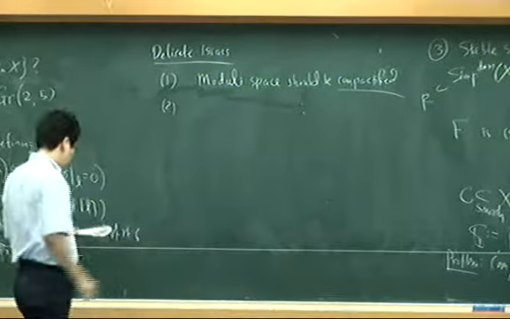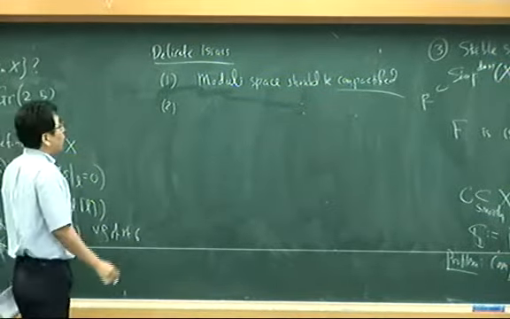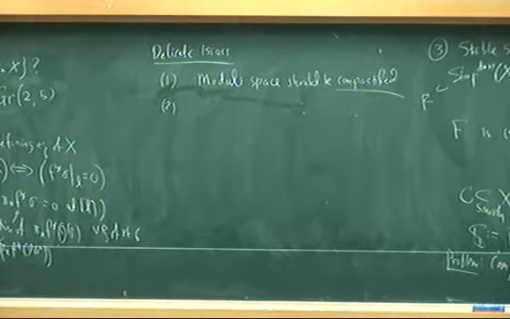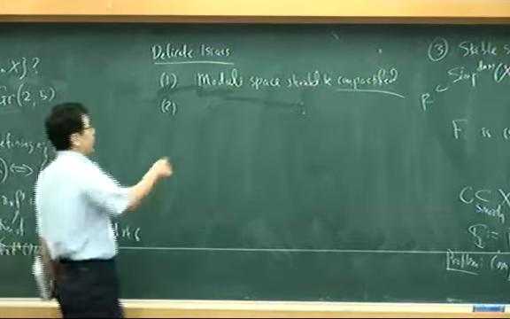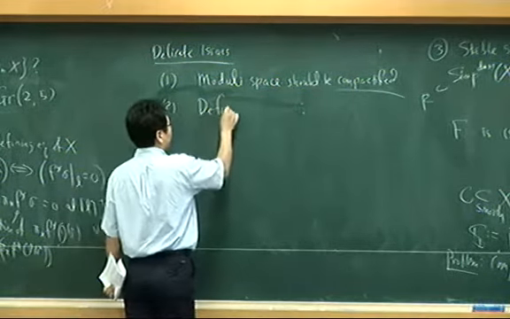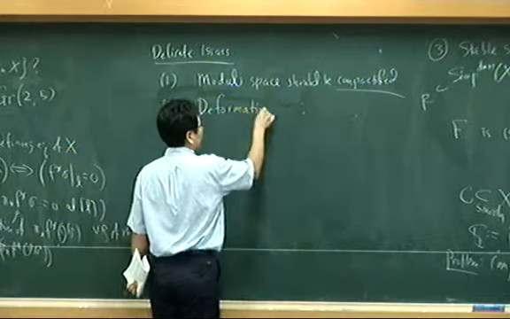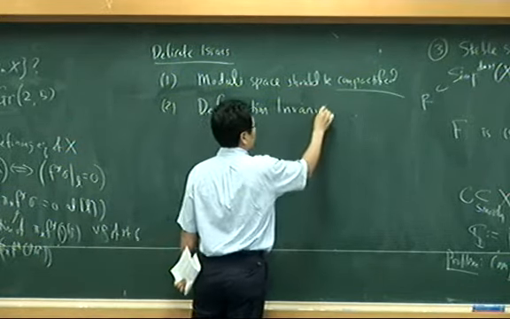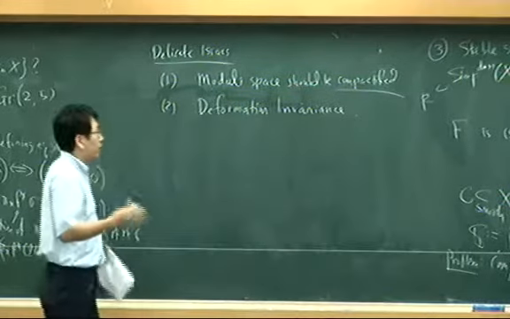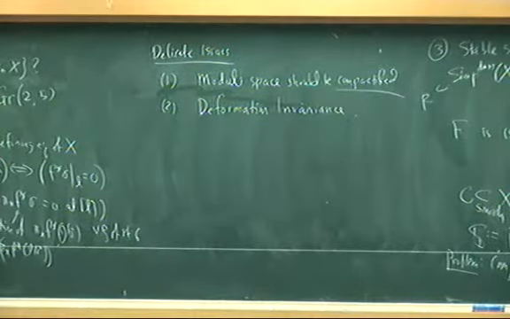The second issue here is that usually there are certain properties that we require for curve counting invariants. In most cases, what we require is the deformation invariance, which basically says that if you deform the complex structure of X, then the curve counting invariant should remain constant.